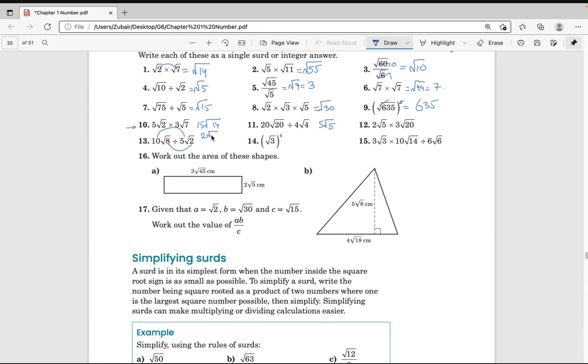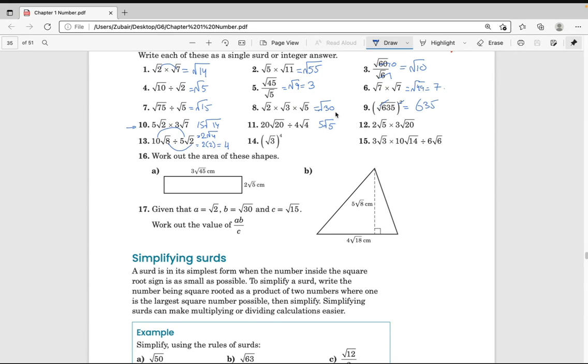So 2 and 4, 2 square root 4. We can further solve this. Square root 4 is 2. So 2 times 2 is 4. So basically 10 square root 8 divided by 5 square root 2 is 4.